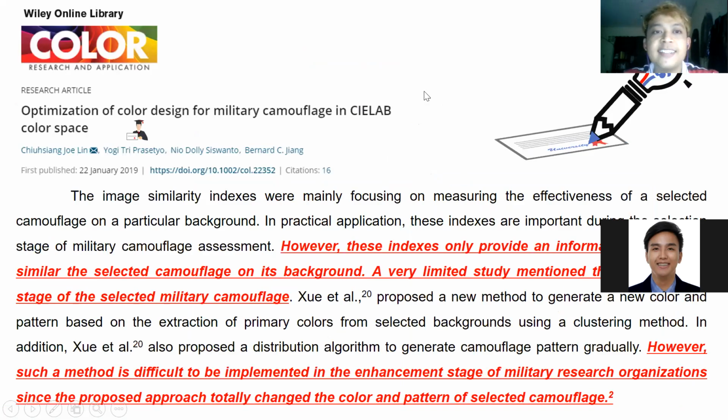So this is my own publication, an example of the way I create the research gap. It's not very difficult.